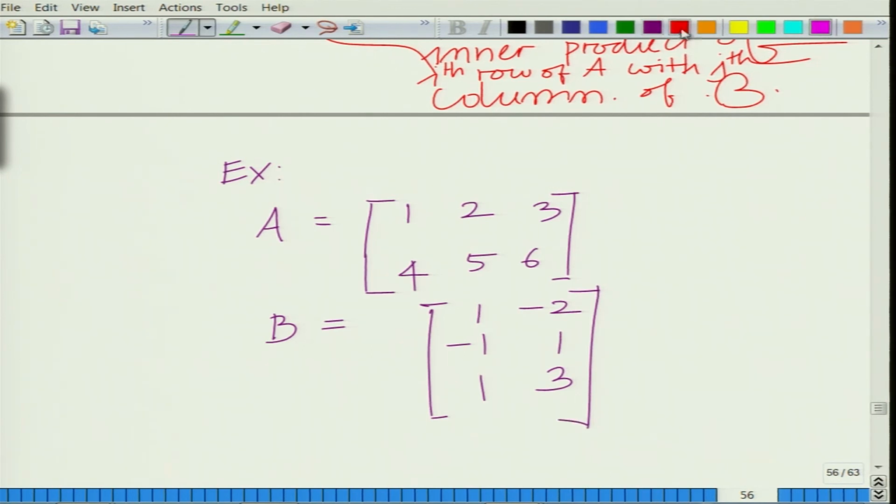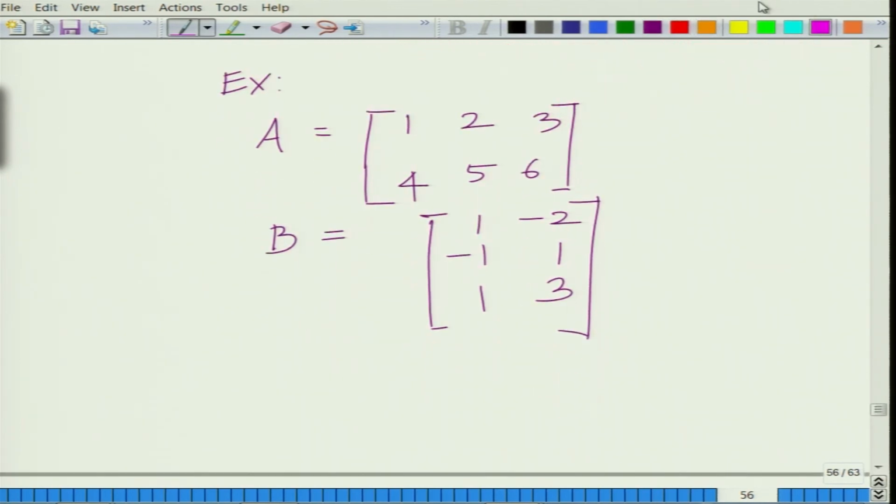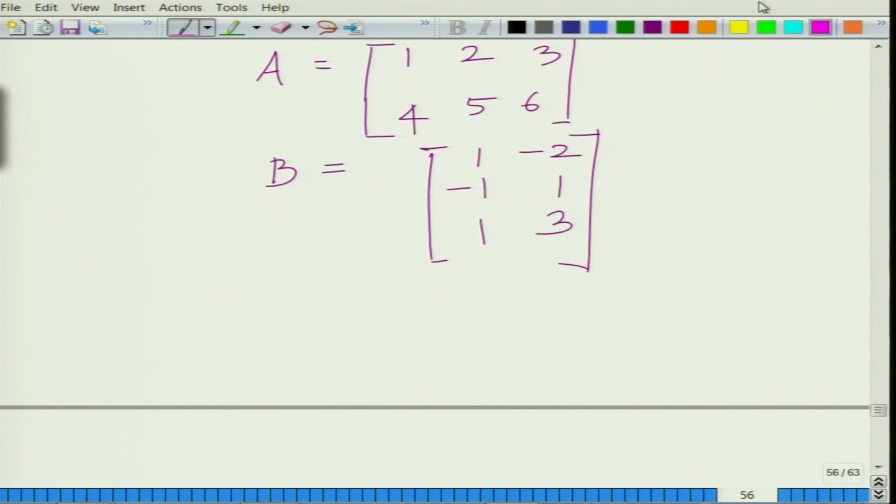Sorry, B is minus 1 1 minus 1 1 minus 2 3. These are two matrices. Of course you can see A is 2 cross 3 and B is 3 cross 2. So the number of columns of A equals the number of rows of B.